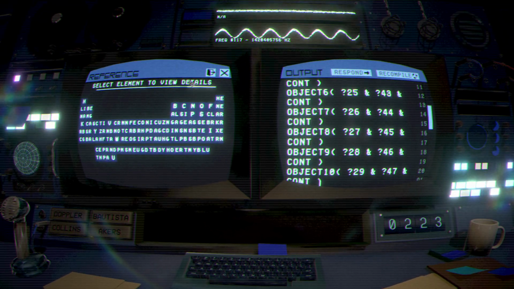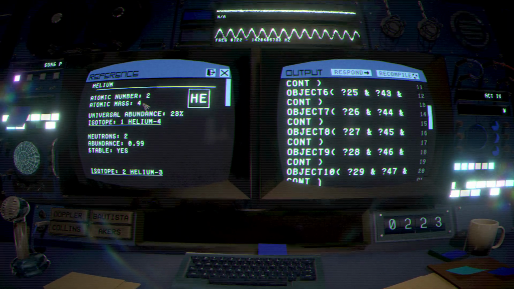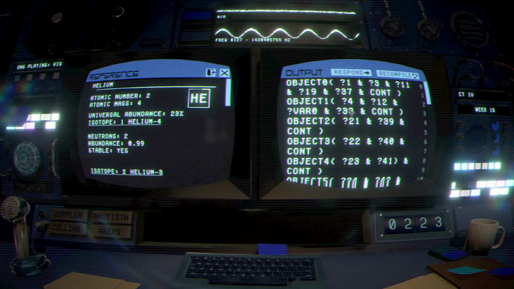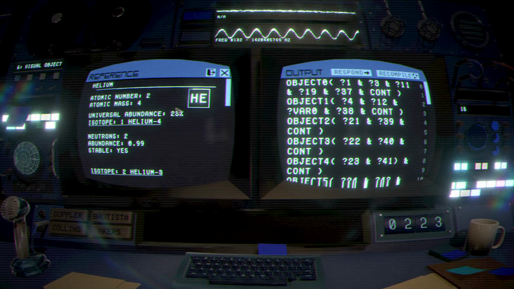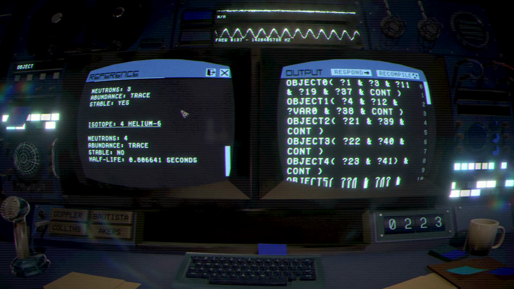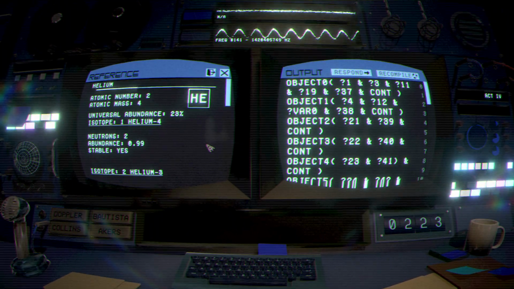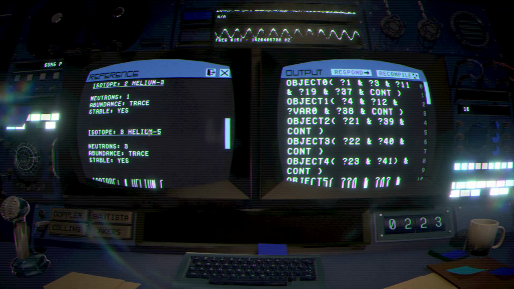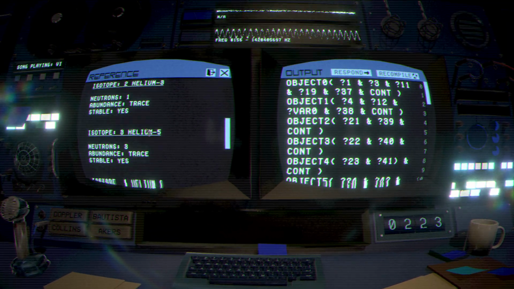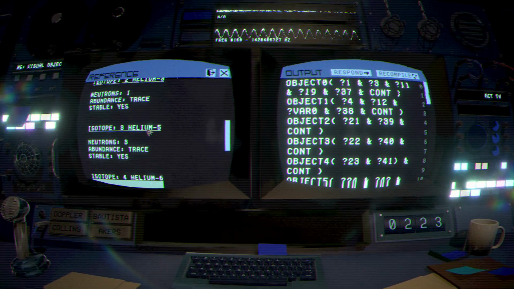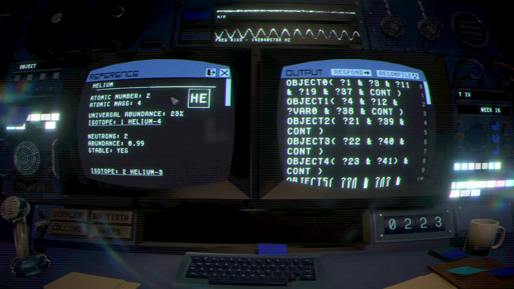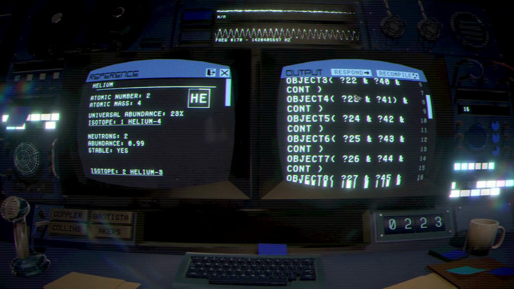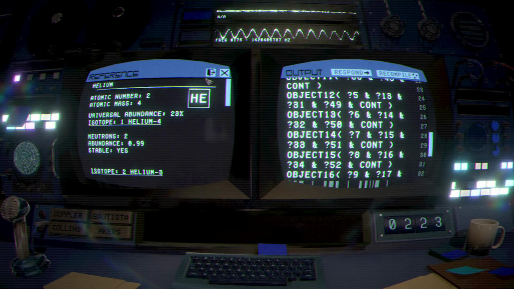Not quite remembering how that works, but there's something about gases. One, 2, 3, 4. Just searching for patterns.